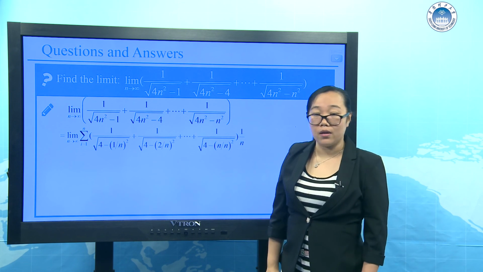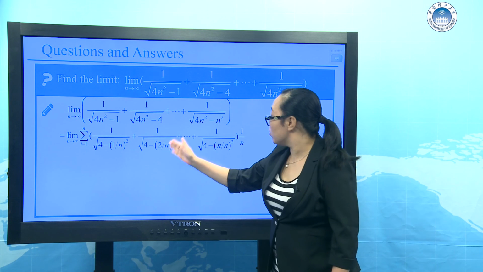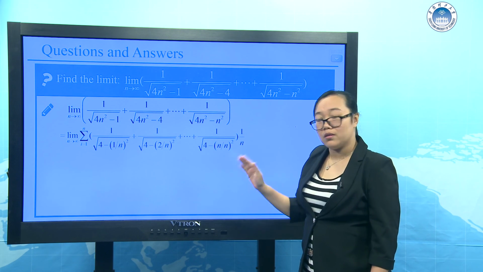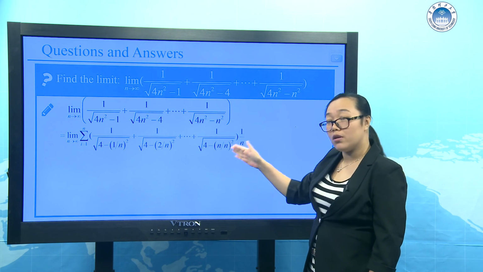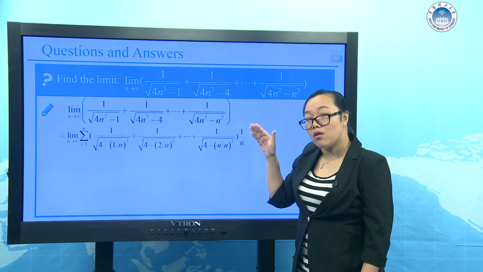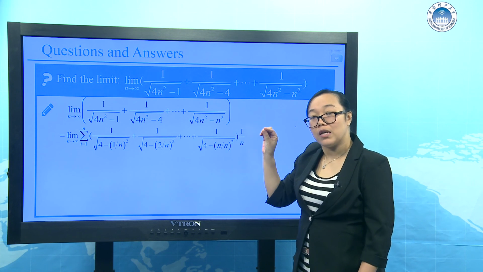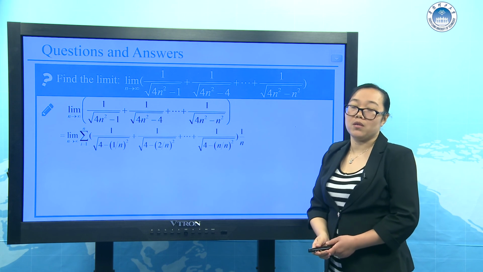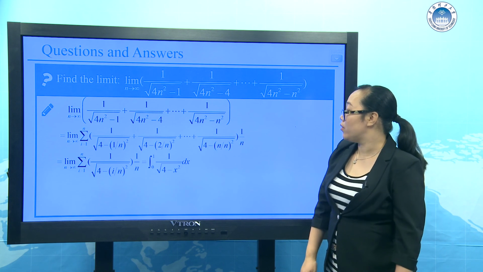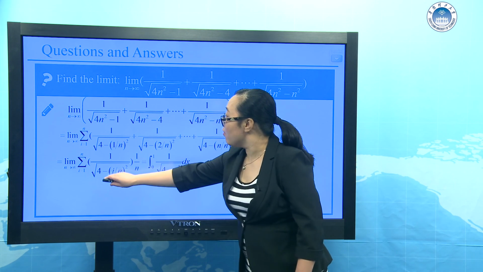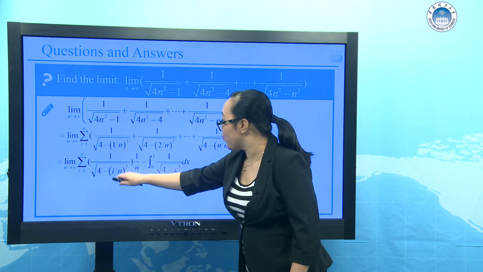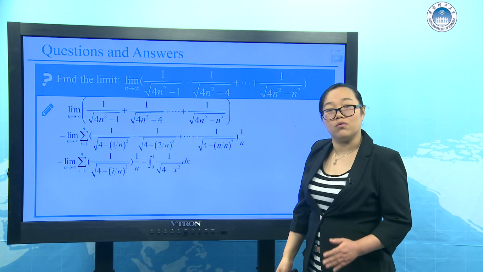How about the xi? 1 over n, 2 over n, n over n. Yes, 1, 2, 3 until n. So 1 over n, 2 over n, this term is changeable. Changeable means our xi. So we can write it, yes, 4 minus (1 over n) squared. Pay attention to i.